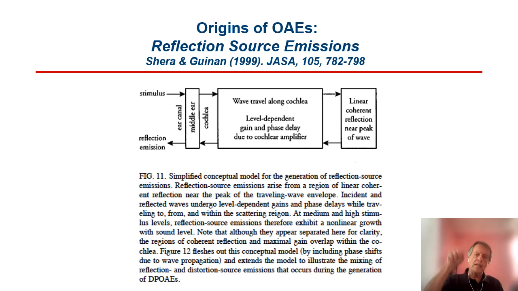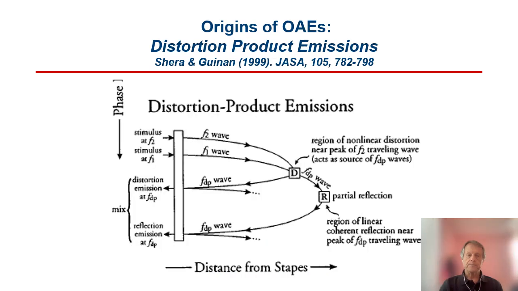We all know there can be dips in the audiogram, dips in the DP-gram, and there can even be dead spots in the cochlea, which are not clinically important, but they can be documented. So these irregularities in the cochlear function contribute to reflections of the energy back into the ear canal. So these reflection source emissions, the best example of that is transient OAEs.